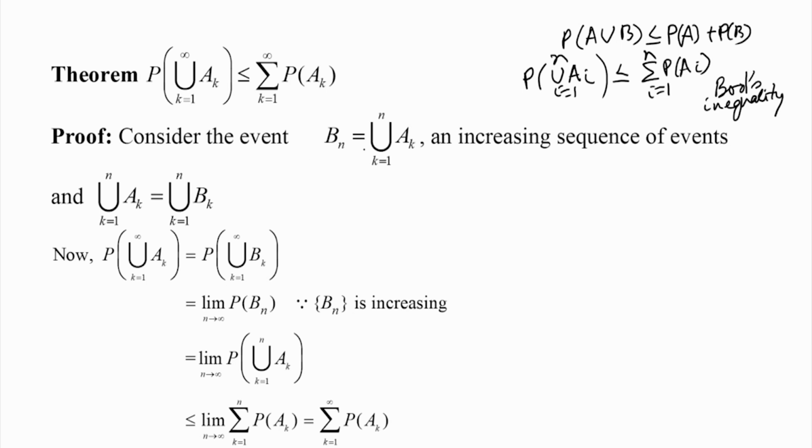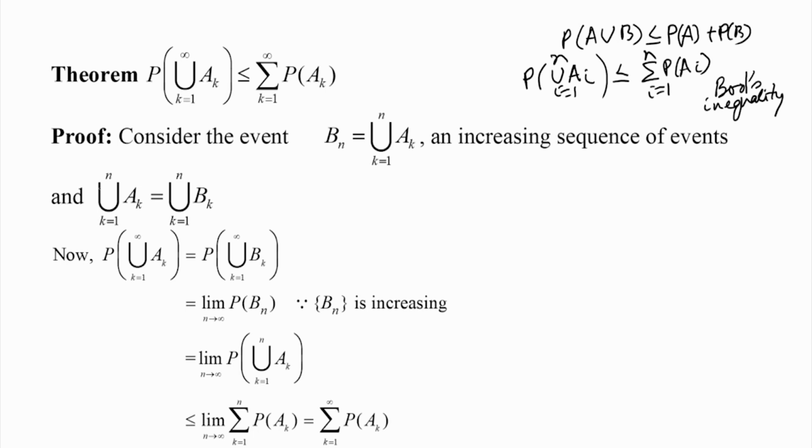Let us consider the event B n equal to the union of A k, k going from 1 to n. So, it is a sequence in terms of n. B n is an increasing sequence, because when I consider B of n plus 1, this union will go up to n plus 1. That way, it is an increasing sequence of events.